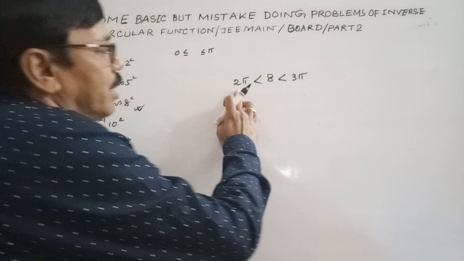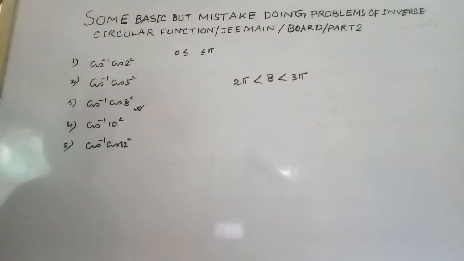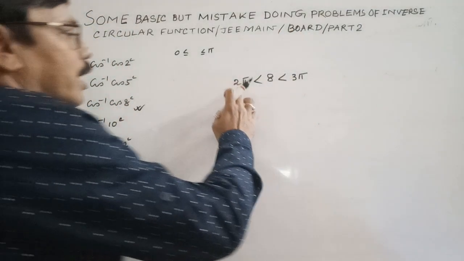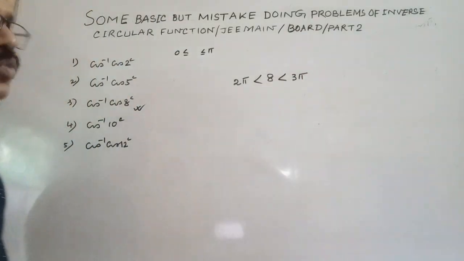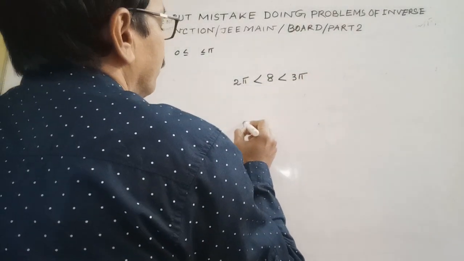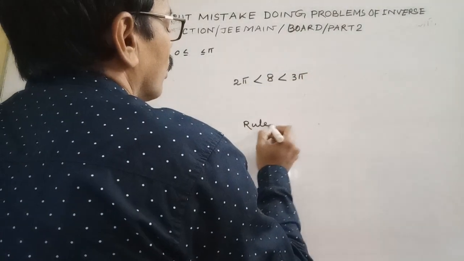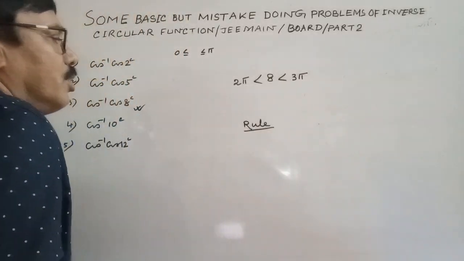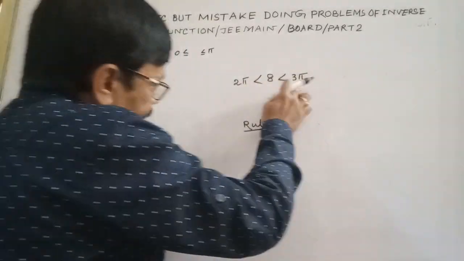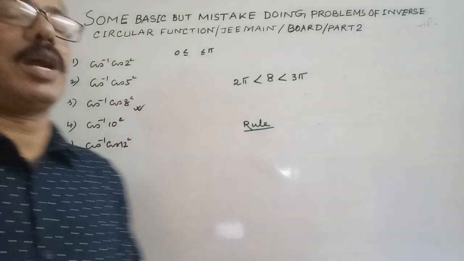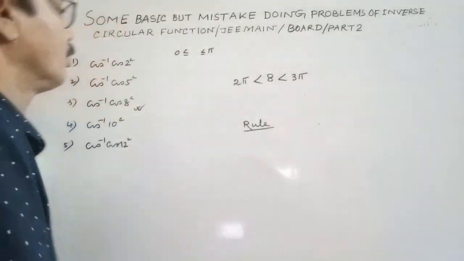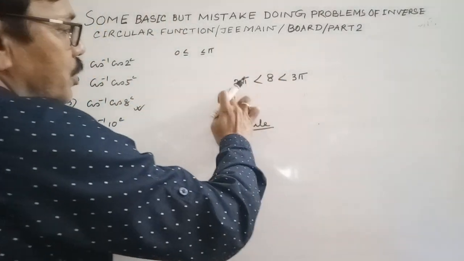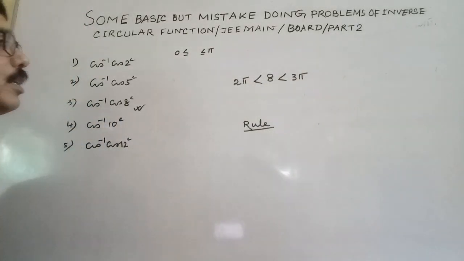So 8 radian lies between 2 pi and 3 pi. So what is our rule? Identify the interval of 8. It lies between 2 pi and 3 pi.